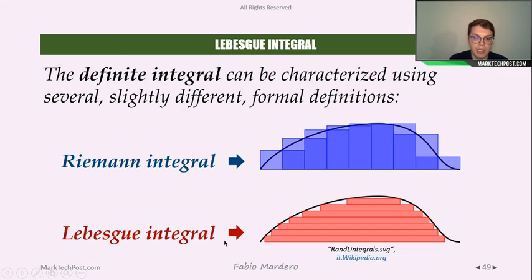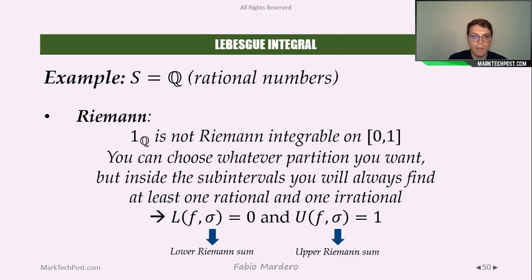In the Lebesgue integral, instead, we are using some sort of horizontal histograms, using the indicator function and the simple functions. But the Lebesgue integral is more powerful than the Riemann one.